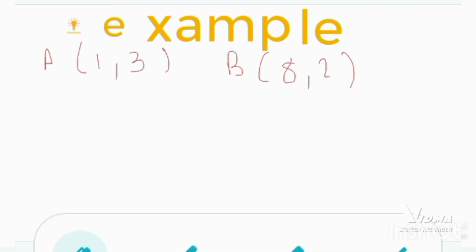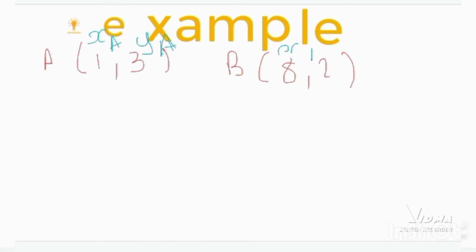You need to first arrange your points, then substitute into the formula. So this will be our xA, this will be our yA, this will be our xB, and this will be our yB. And remember not to mix your x's and your y's.